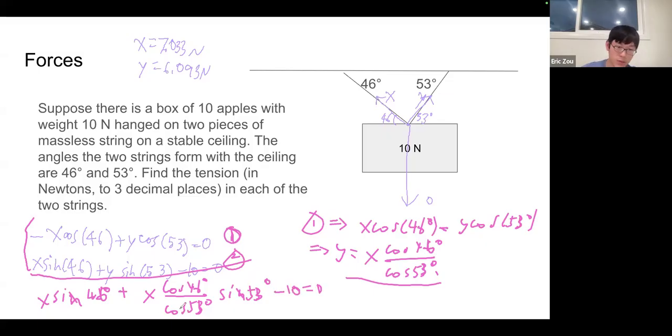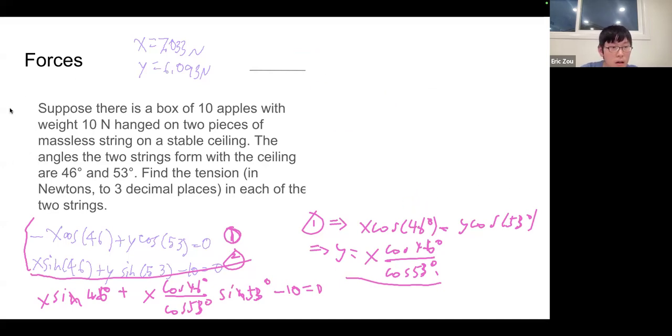You can group the x terms together. So you get x times whatever this thing is.